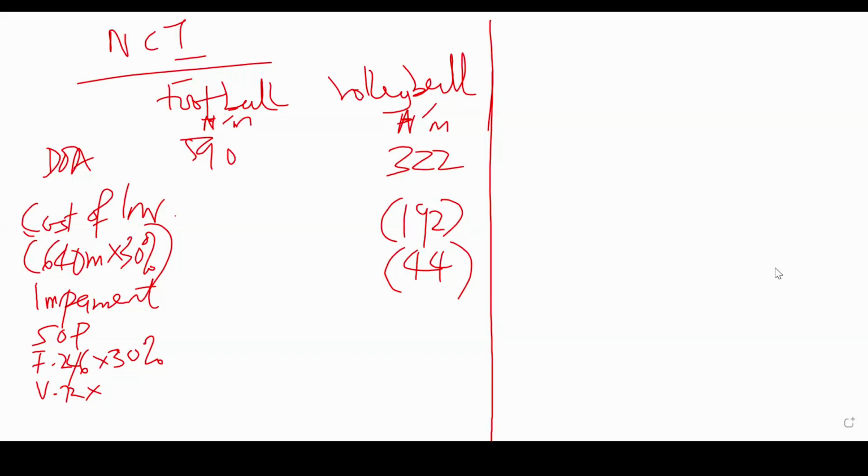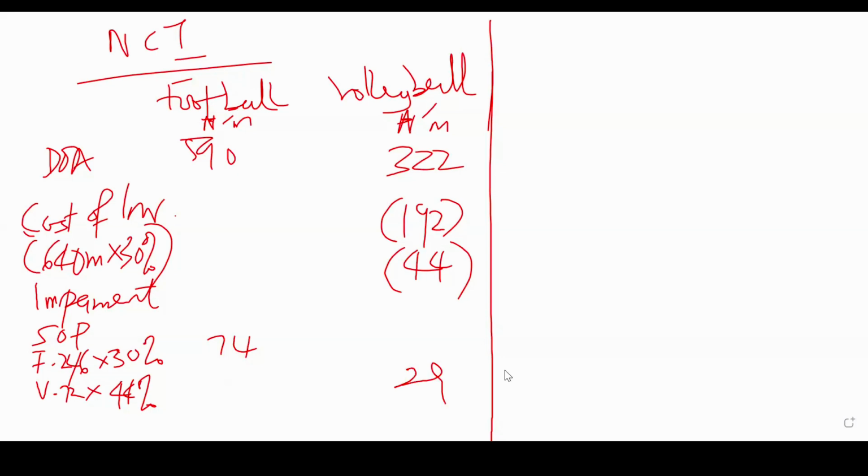For Volleyball 72, NCI is 44%. If you calculate this, how much do we get? Here we have approximately 74. Here we're going to have approximately 29.